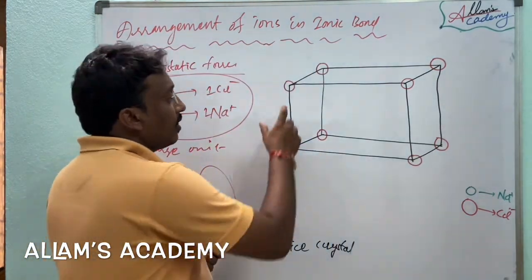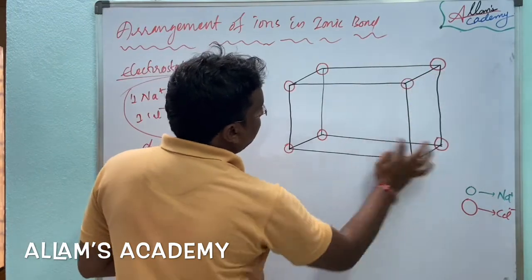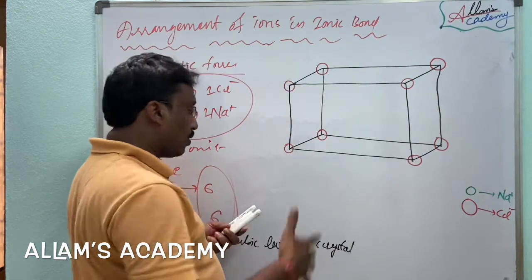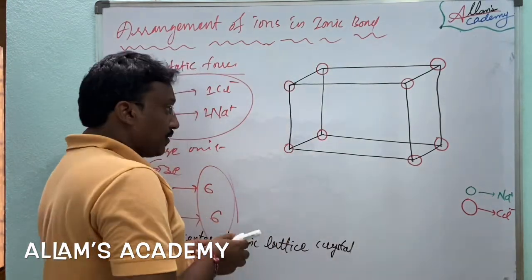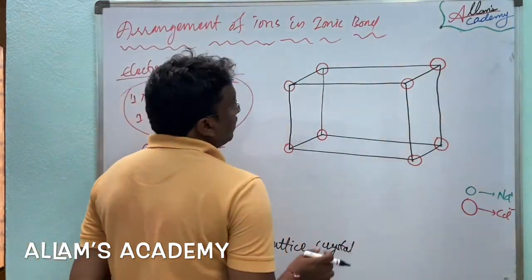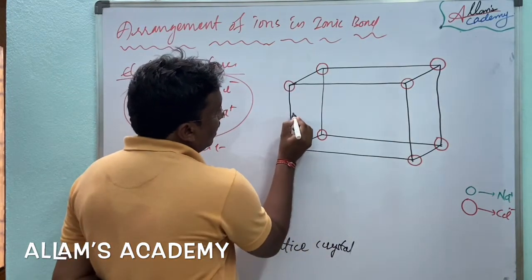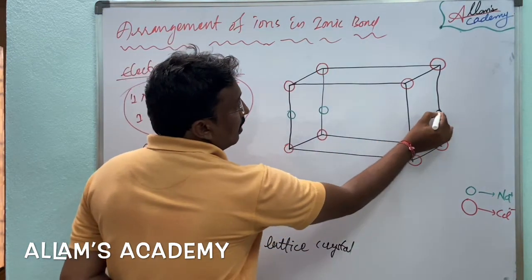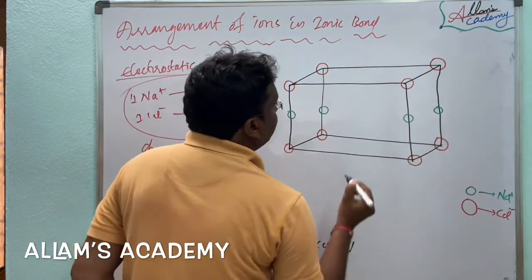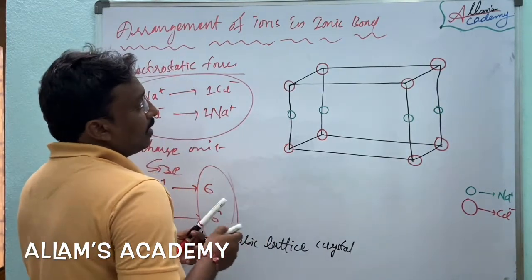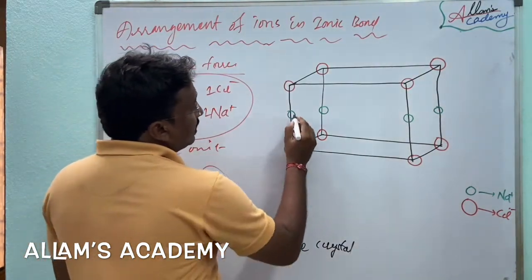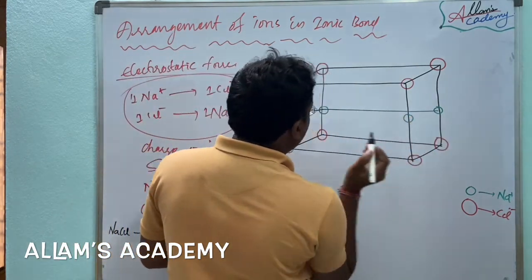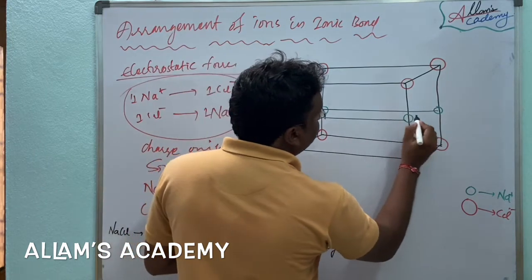Then take 4 dots here and 4 dots here and join them with lines. Then you get one cuboid. After that, take sodium ions, very simple, on these lines. See, here one, here one, here one, and here one. Observe where I am keeping the dots, and practice as it is to get a perfect diagram.